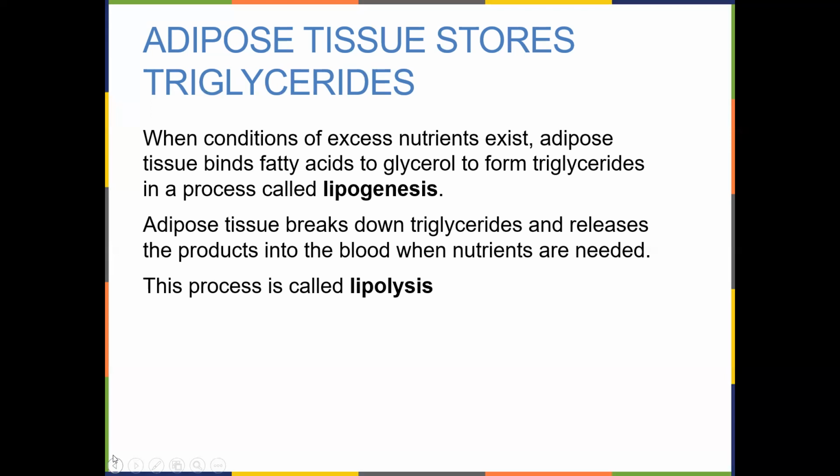We call this lipogenesis, the creation of lipids. It happens. The more carbohydrates you take in than your body needs, the more that's going to get stored as glycogen, and what's left over is going to get stored in the fat cells.